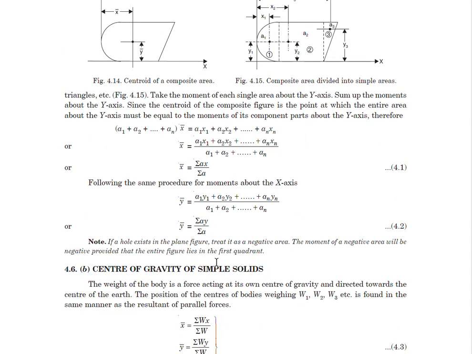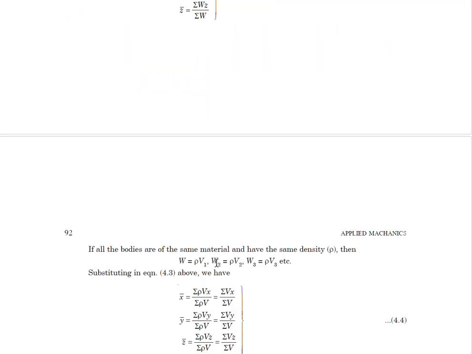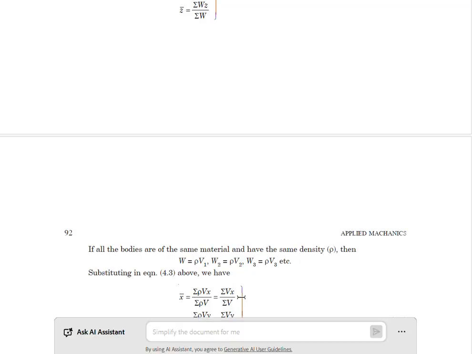And for solid bodies, we have the same thing. Basically, we will have the sum total of the individual volumes into the individual positions of the centroids divided by the total volume.